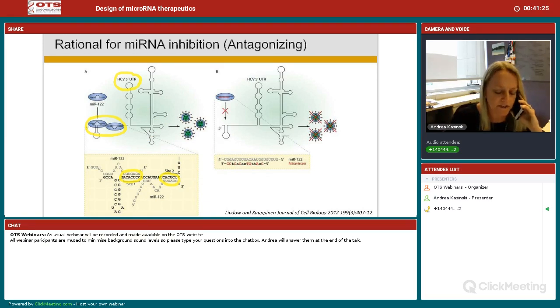And therefore, when miR-122 is expressed at high levels, as is seen in the liver, this oligomeric complex of miR-122 bound to the HCV RNA protects this RNA from nucleolytic degradation, thereby enhancing viral production.